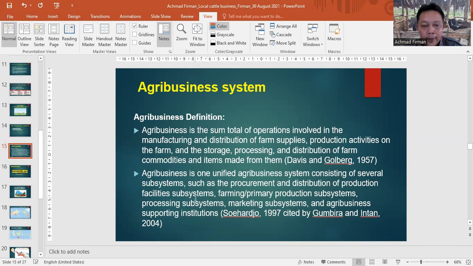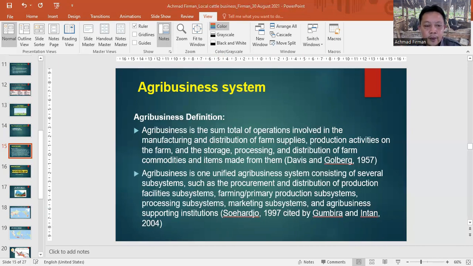And another definition: agribusiness is one unified agribusiness system consisting of several subsystems, such as procurement and distribution of products and facilities subsystem, farming or primary production subsystem, processing subsystem, marketing subsystem, and agribusiness supporting institution subsystem. From Suharjo, 1997, cited by Gumbira and Intan, 2004.